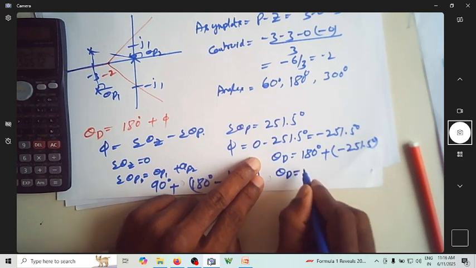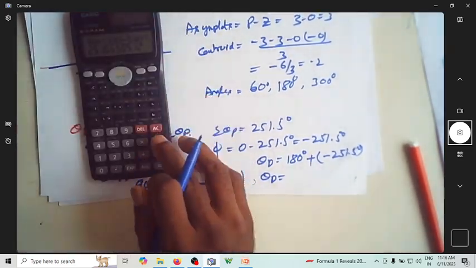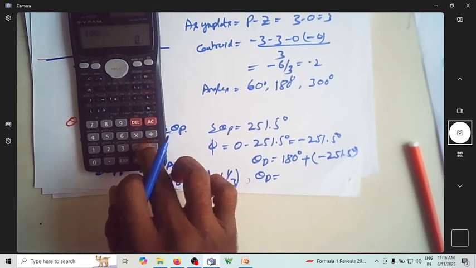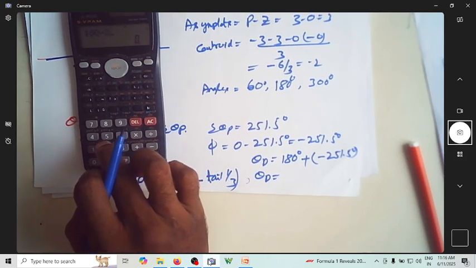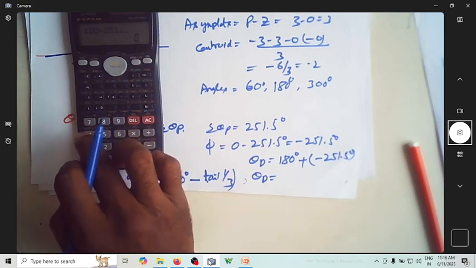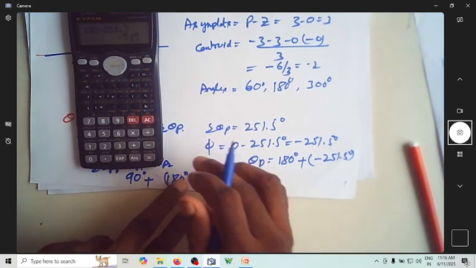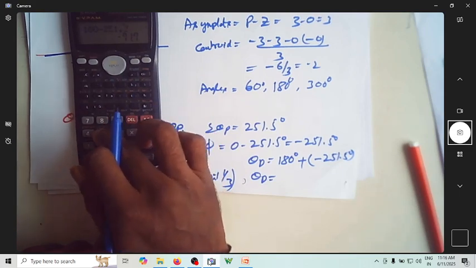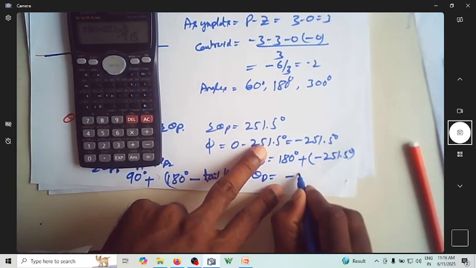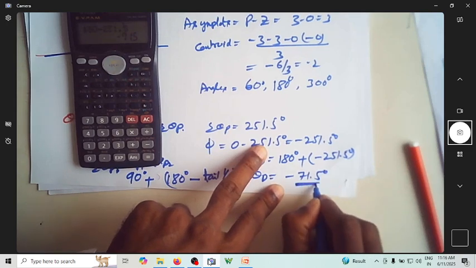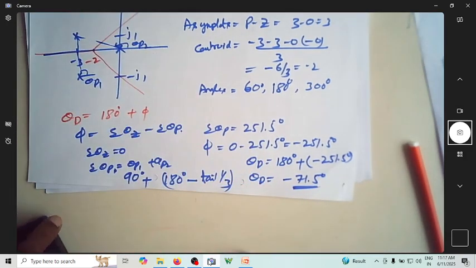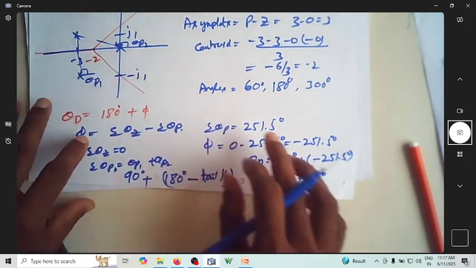Then theta d comes out to be 180 minus 251.5, which is minus 71.5 degrees. This is the angle of departure.